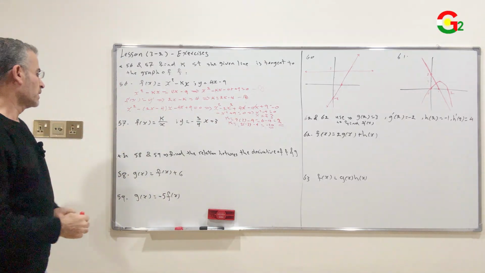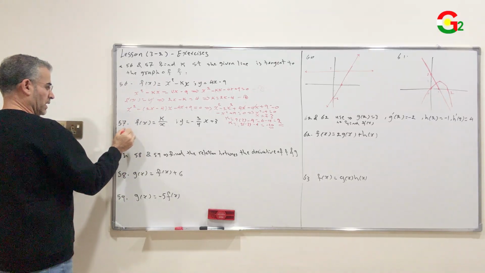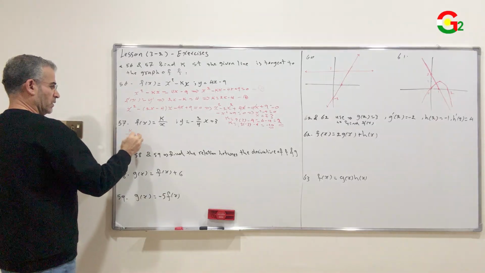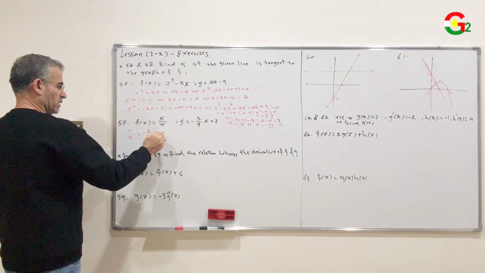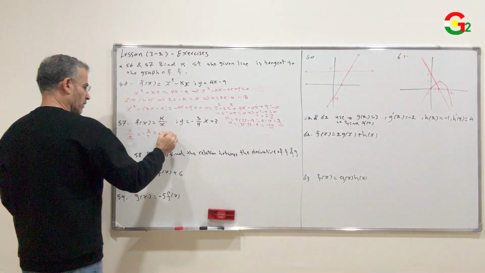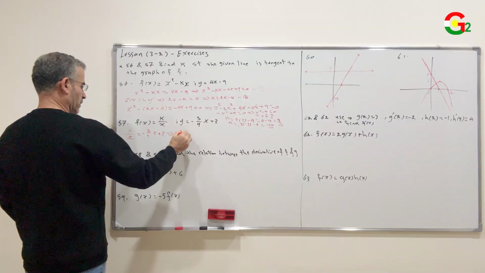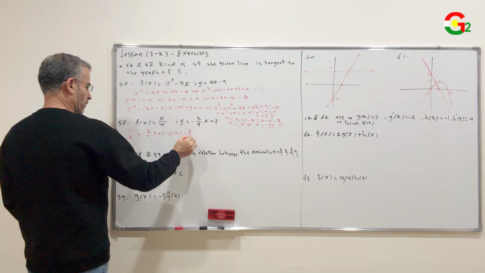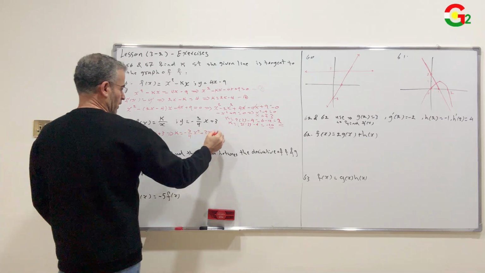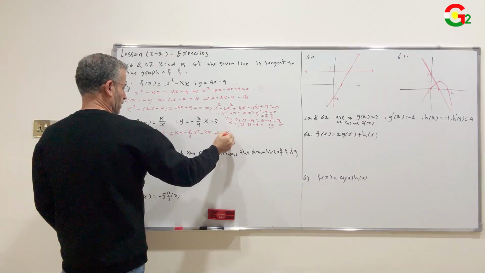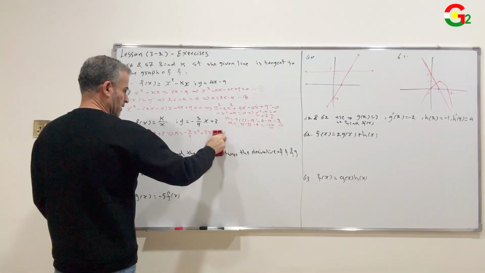Question number 57, the same steps as the previous question. k over x equals negative 3 over 4 x plus 3. Multiply by x, k equals negative 3 over 4 x power 2 plus 3x. Multiply by 4, or leave it as it is.